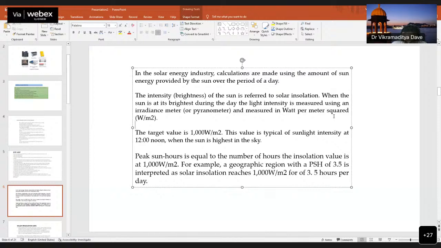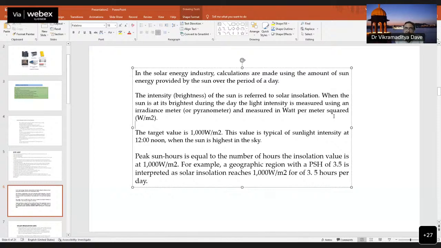Another thing is that we require the peak sun hours. So what is this peak sun hours? Peak sun hours, PSH, sometimes in the books you will find PSH. This peak sun hour is equal to the number of hours the insolation value is at 1000 watt per meter square. So up to how many hours does this 1000 watt per meter square remain? That will become the peak sun hours. That is very important, and you have to find it out.